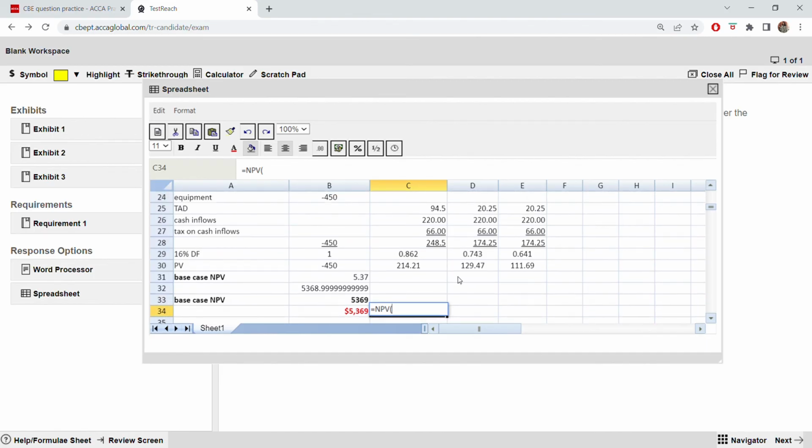Okay. You have to take 16%. Not the present value. Before finding the present value, the discount factor, you have to find the cash inflow. This cash inflows only. Close bracket, enter.